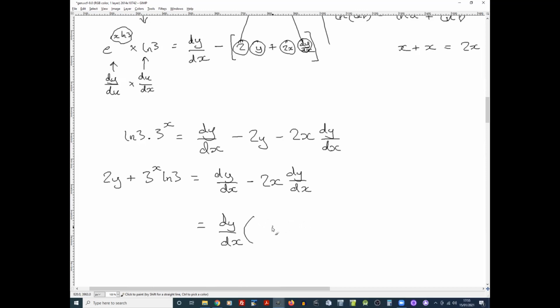Wait, not just minus 2x, because when you expanded that, you'd get minus 2x dy dx.